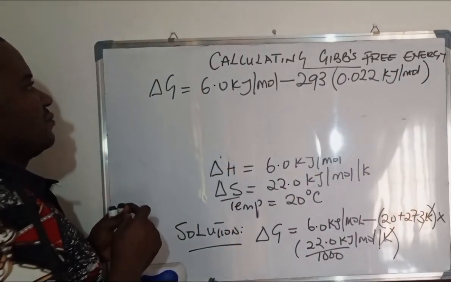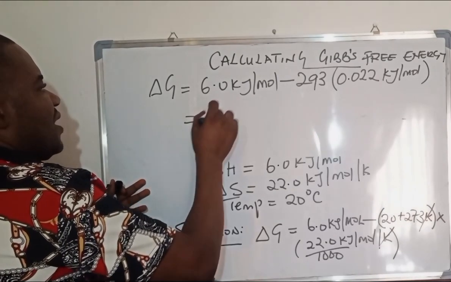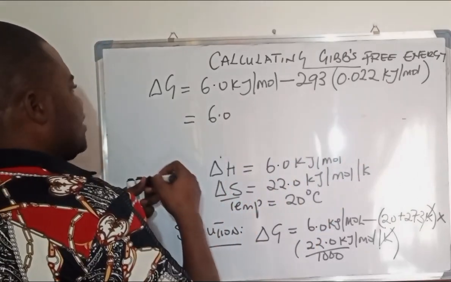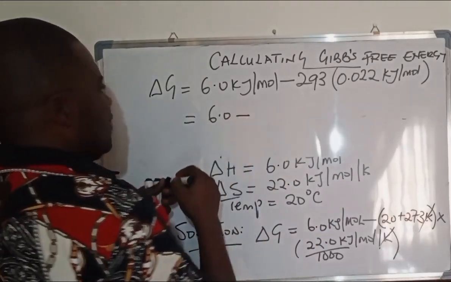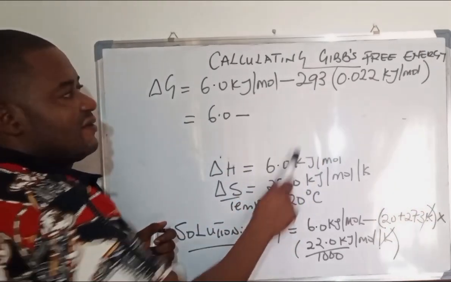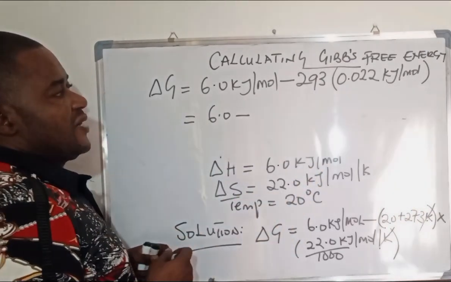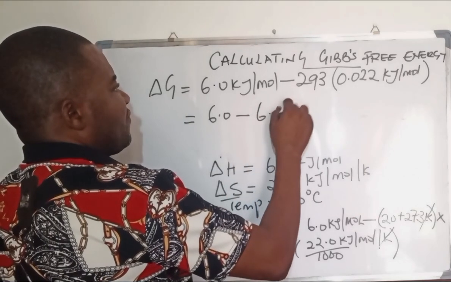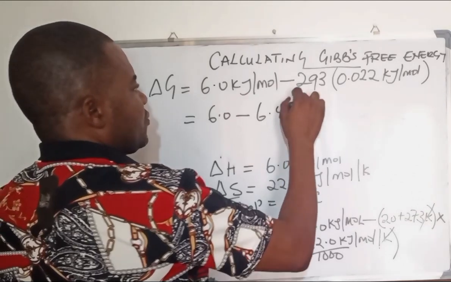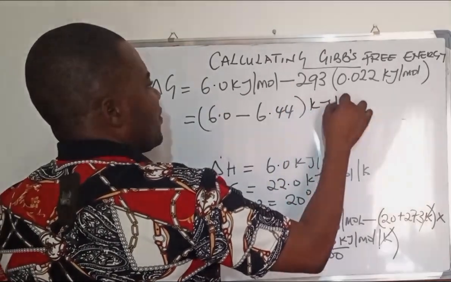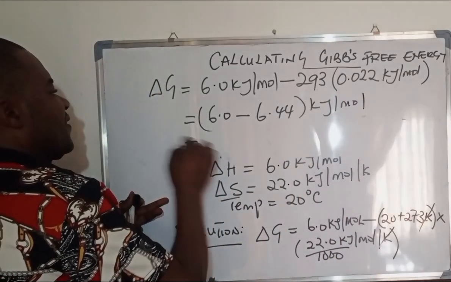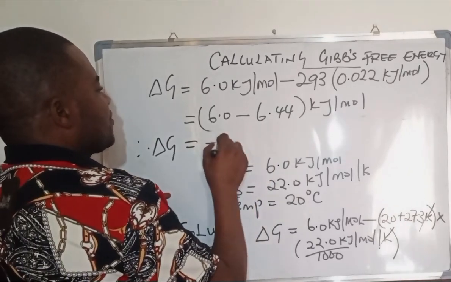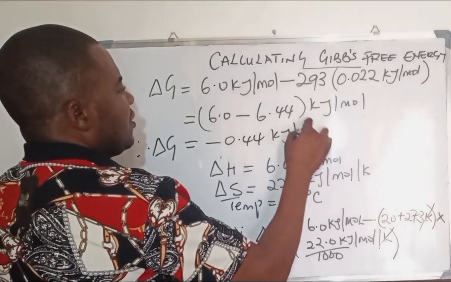There's kilojoule and there's kilojoule, so you just take one of them. So 6.0 minus 293 multiplied by 0.022, which should give something closer to 6.44 kilojoule per mole. So our delta G will be 6 minus 6.44, which gives us minus 0.44 kilojoule per mole.